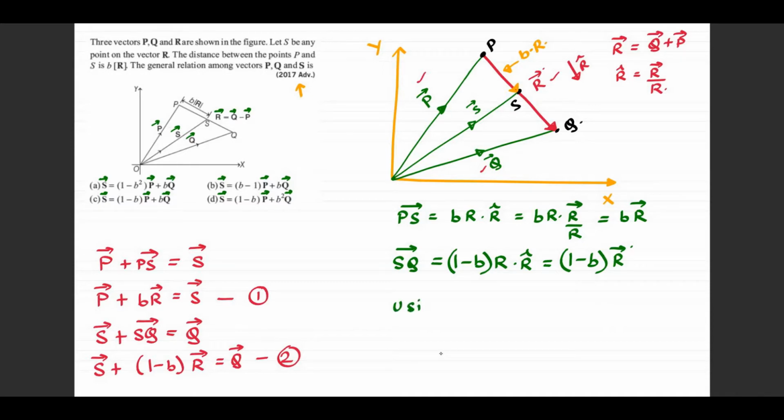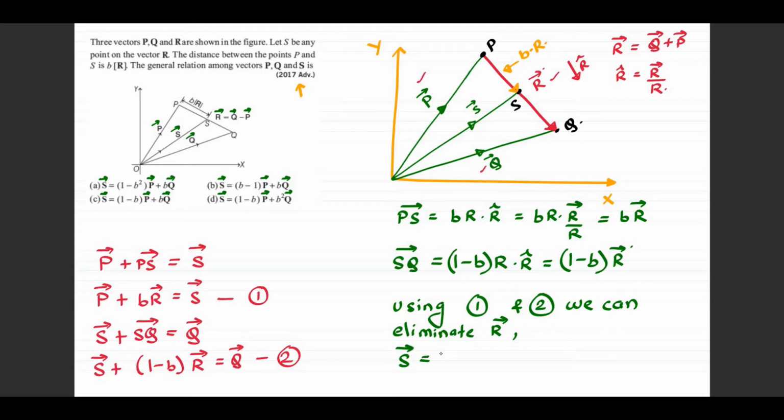Using 1 and 2, we can eliminate R vector. And when we eliminate R vector, we will get a relation between P vector, S vector and Q vector.